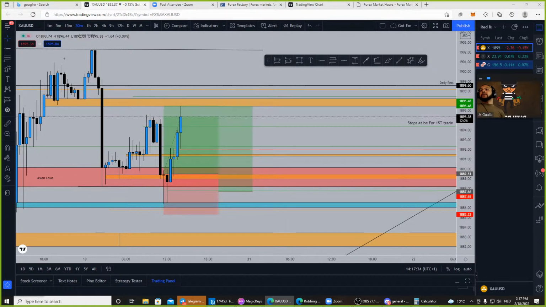What did I make today? Percentage wise, that's why I like Magic Keys a lot. You open calc, and then it shows you how much percentage you made for a day. 1.97, 2%.